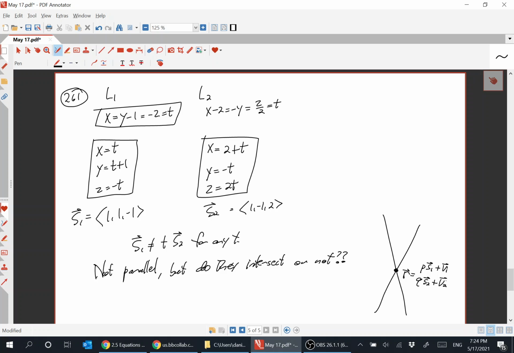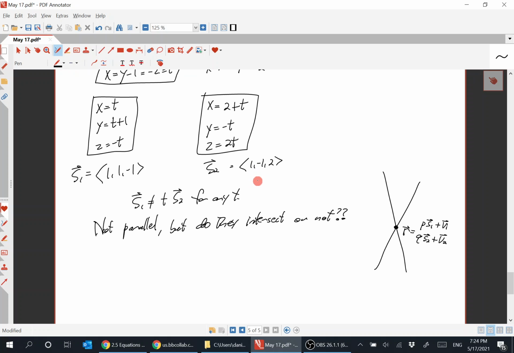So there's going to be some scalar multiplied by the slope vector, such that in vector form these two points are the same. The tricky bit is that you can't use the same scalar when you're trying to solve here. You need two different scalars, and then you set things equal to each other.